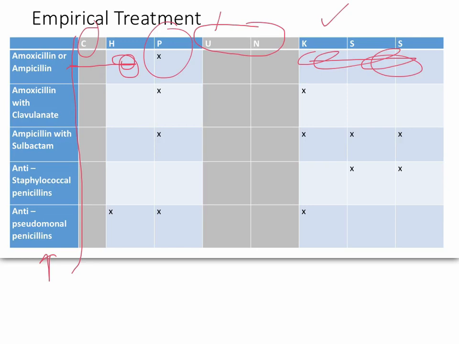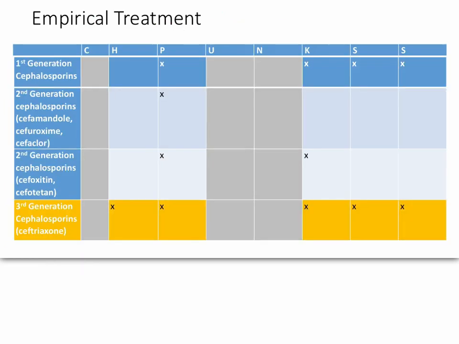with that medication. However, when we get down here, we have a first-generation cephalosporin that can kick a lot of butt. We have a third-generation cephalosporin that kicks everything except for the stuff in gray.